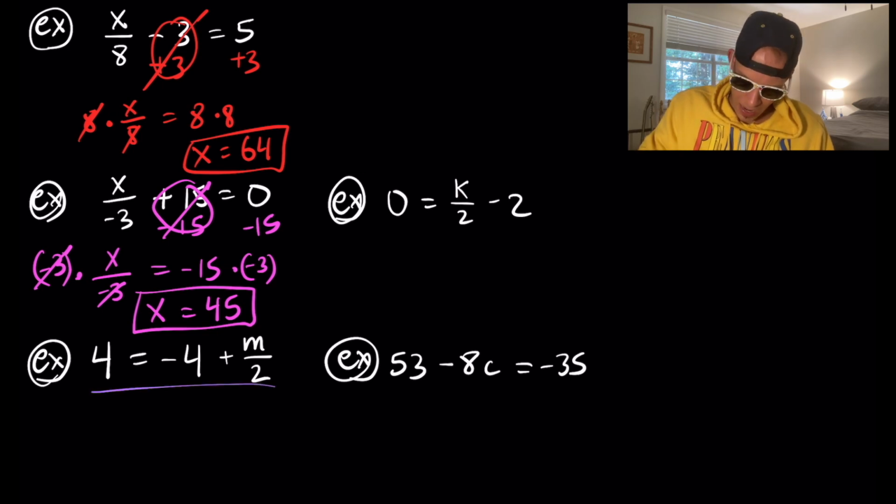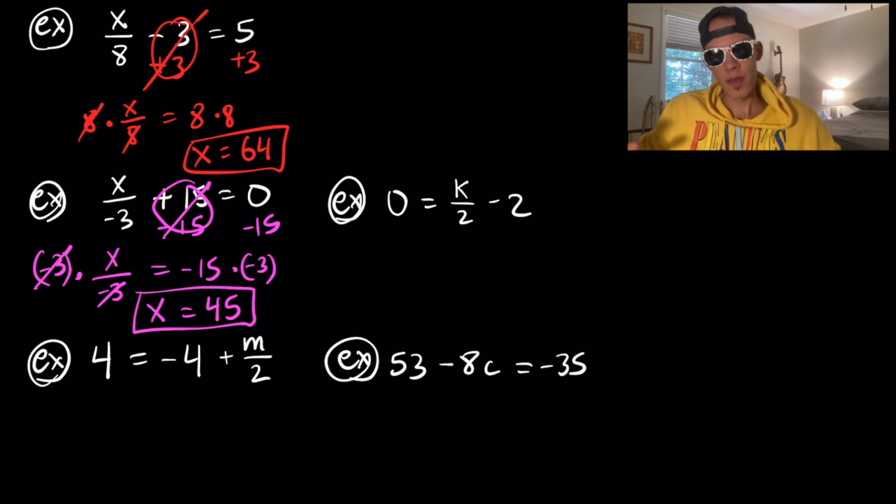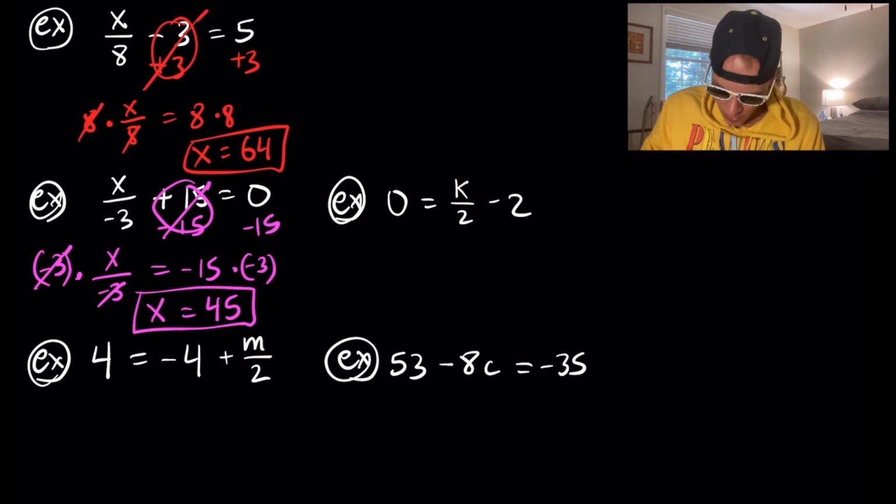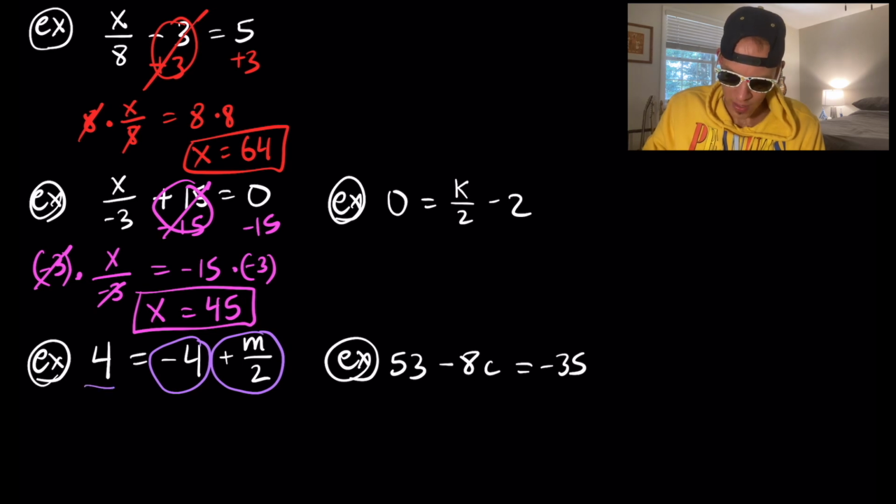All right, over here, I don't like how this is written because the variable is on the right side. Nothing wrong with that. If you can do it that way, go for it. But I like to just move everything over to the left side. So I'll move both of these terms to the right side and then move this 4 to the left.